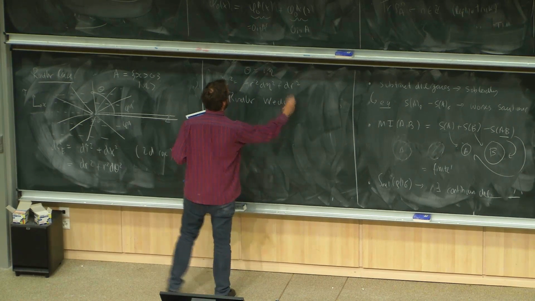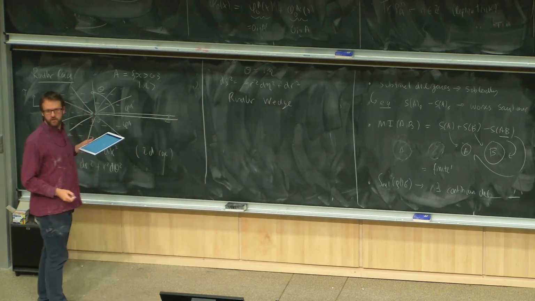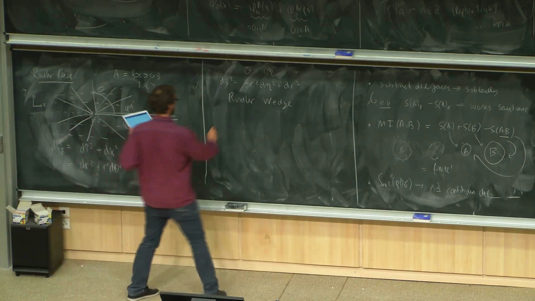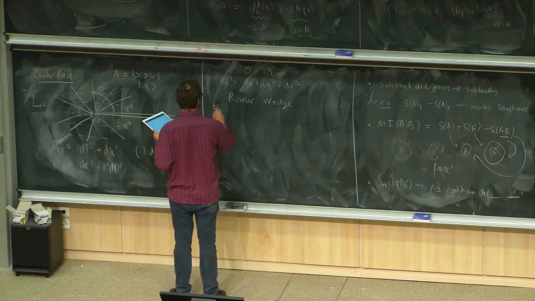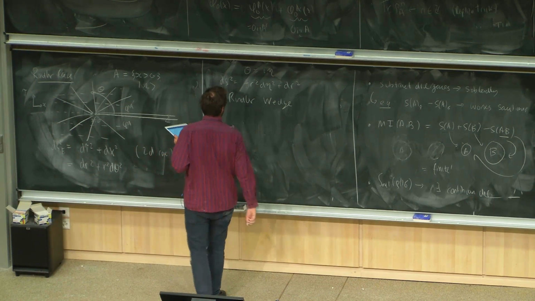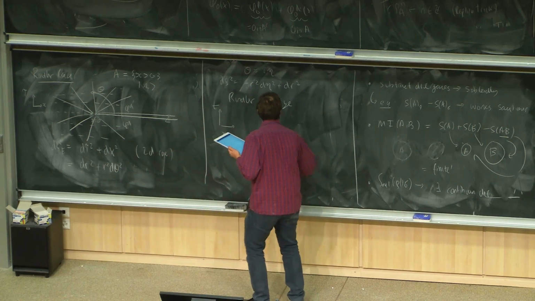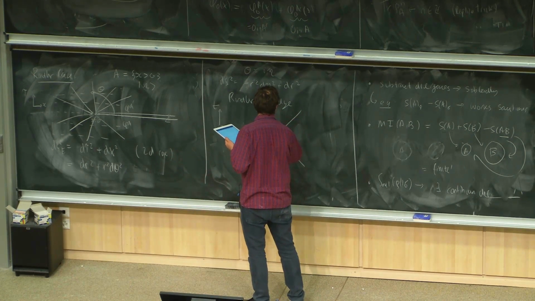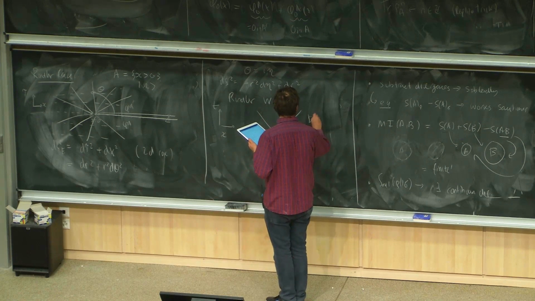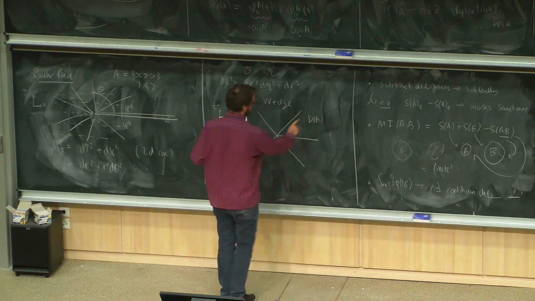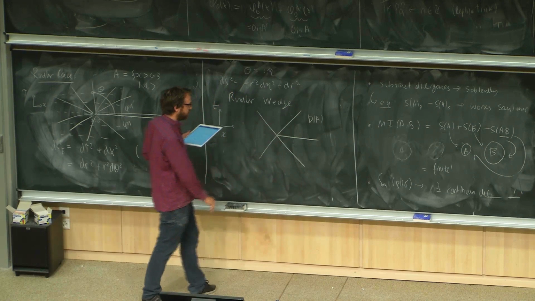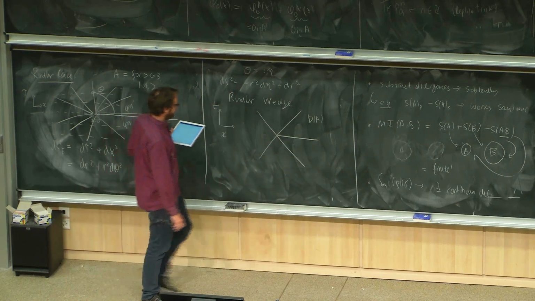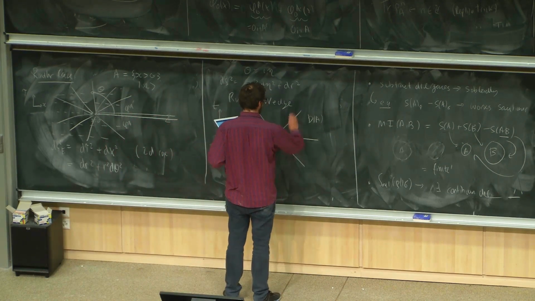So to draw the Rindler wedge, we go to real time in the usual time coordinates. I'm going to draw real time here, t and x. Then we draw the causal domain associated to A. Remember, that was in any case what we were thinking the subregion was associated to, this causal domain, D of A. And the Rindler wedge is just that.